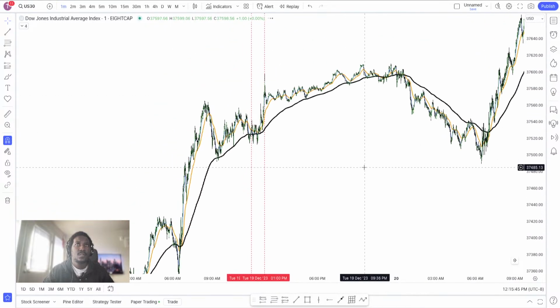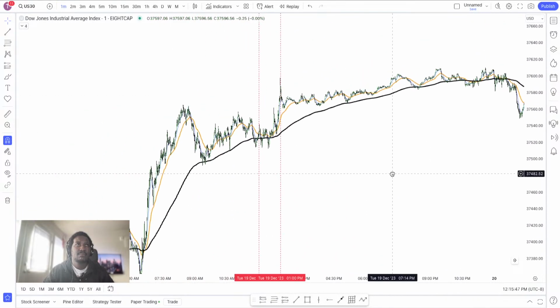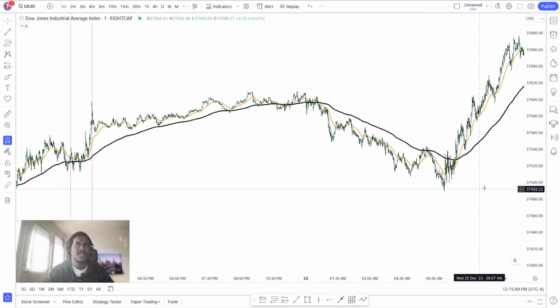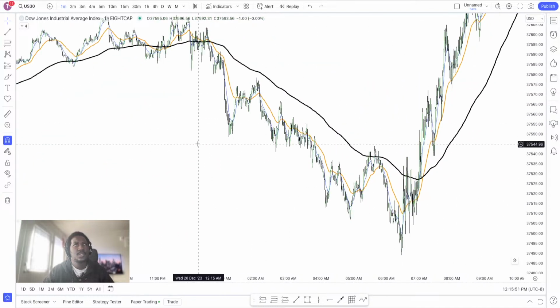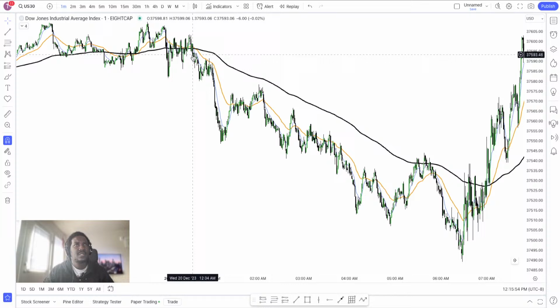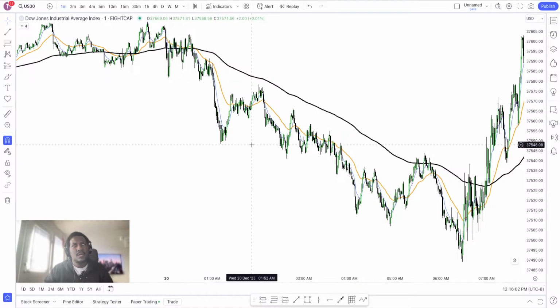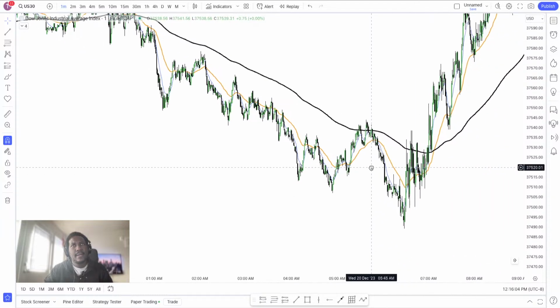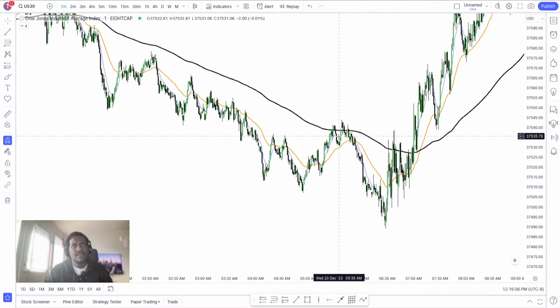But looking back, this is from yesterday, right? We crossed the 200 over here. We didn't quite touch the 200, so I don't know if you would trust that, but we never touched the 200 up until this area. The MAs didn't go above, so the setup is still valid.